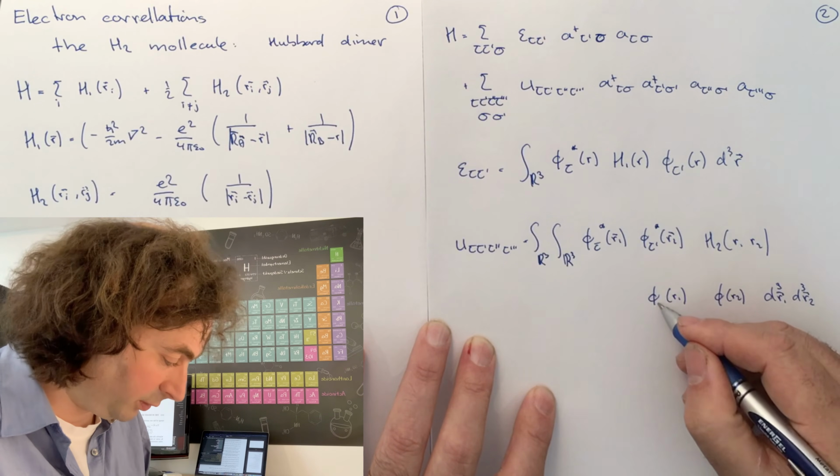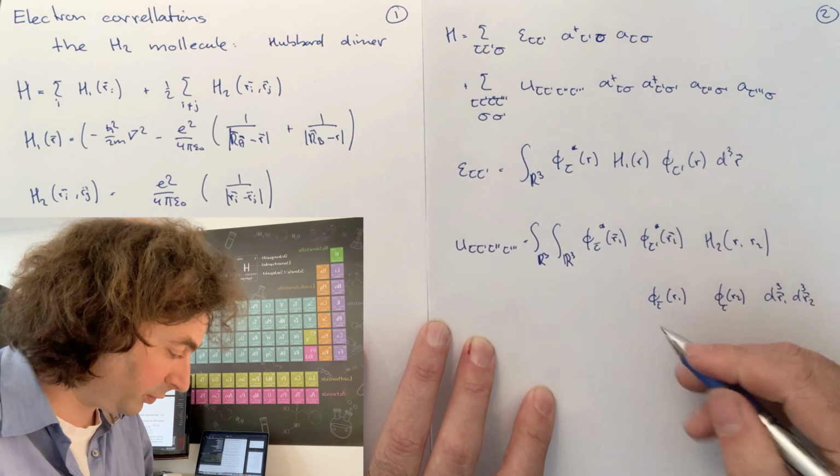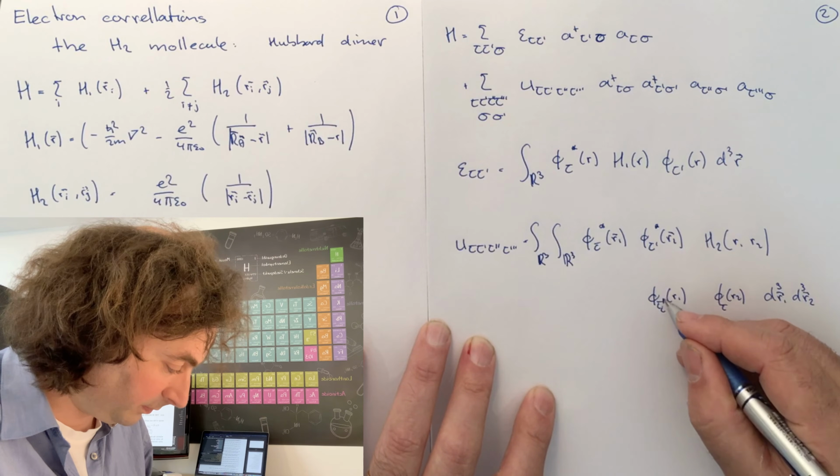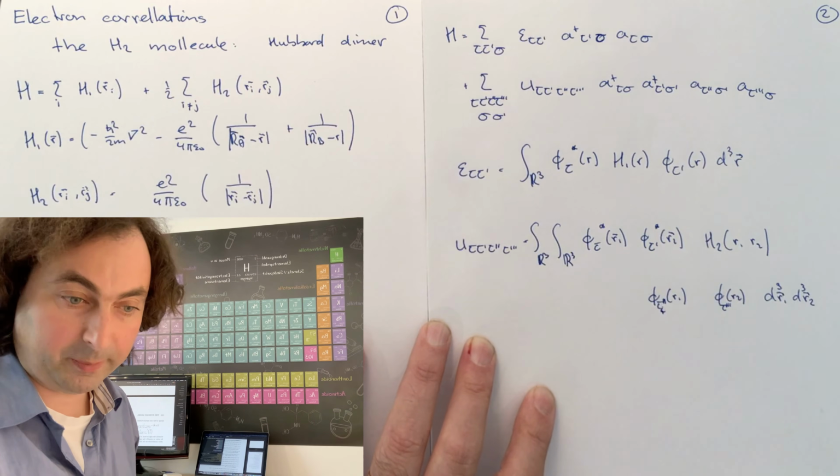And here we have to look at our indices. Tau prime couples to tau double prime, and tau couples to tau triple prime.